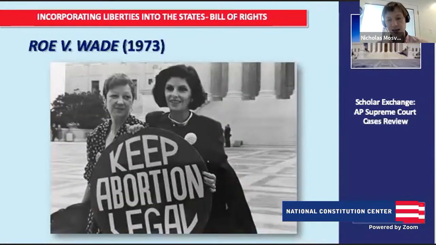Roe versus Wade comes out of actually an earlier case that I feel like we could talk about more, which is Griswold versus Connecticut in 1965. The reason being is that it's a foundational case for what we call the right to privacy and the notion of that under the 14th Amendment applying to state laws.